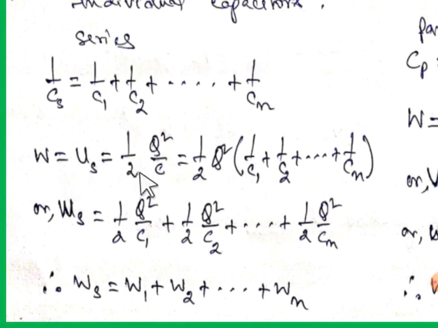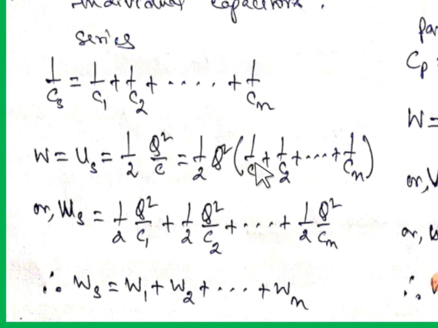This will be equal to half Q squared by C. Half Q squared will be the same, and instead of C, the equivalent capacitance Cs will be replaced by 1 by C1, 1 by C2, so on up to 1 by Cn.